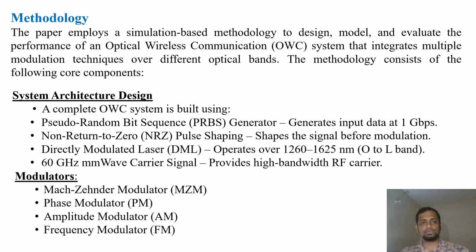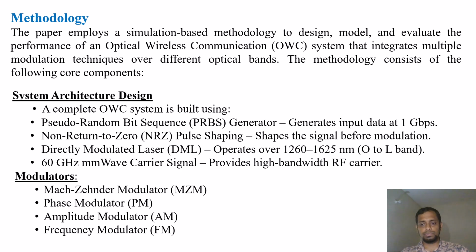The methodology consists of a few things. We used a pseudo random bit sequence generator. Using this generator, we generate the data bits, like binary data 1010, and after that, using an NRZ pulse generator, we convert this binary data to the electric pulse.